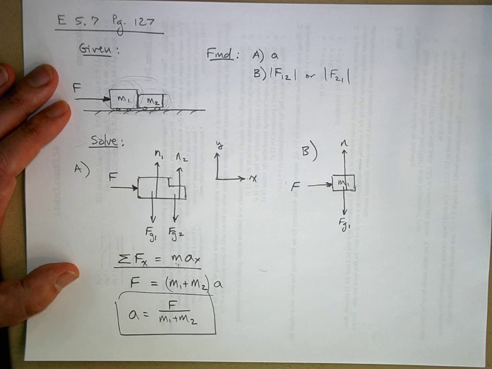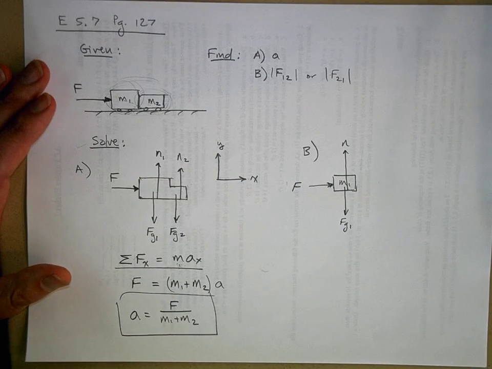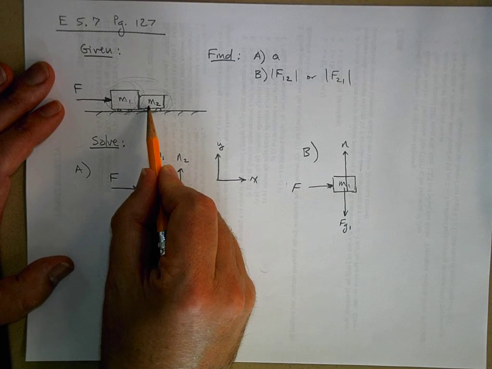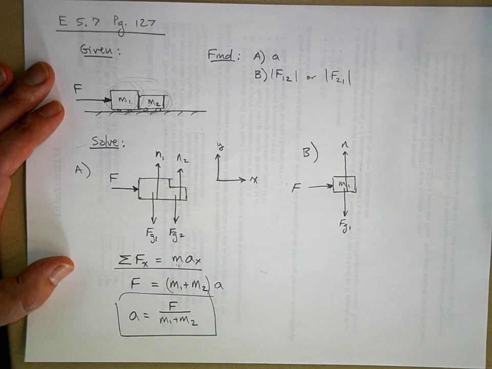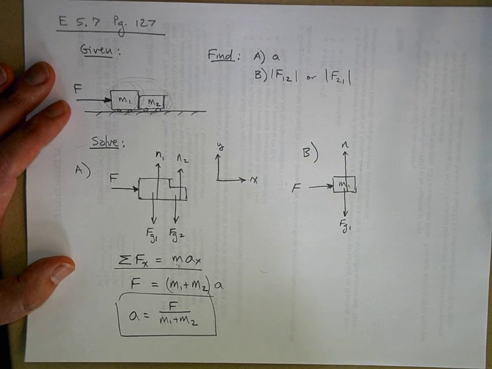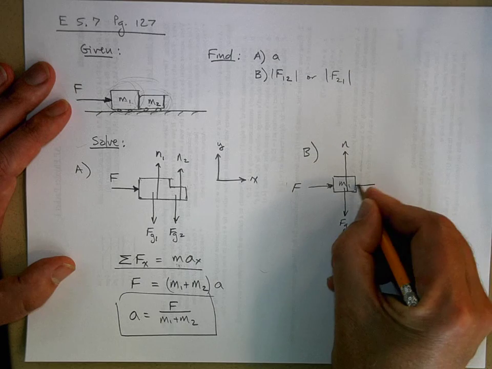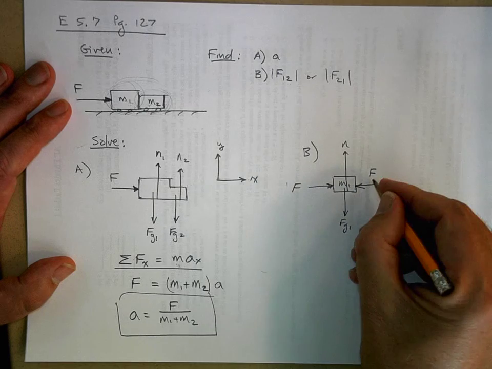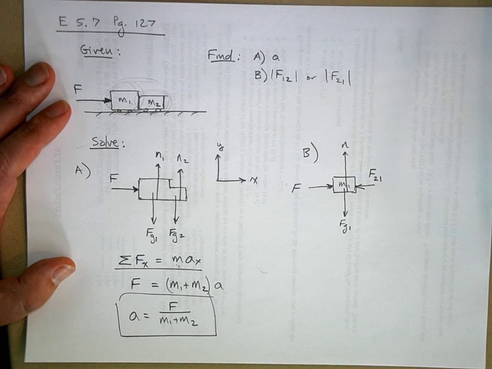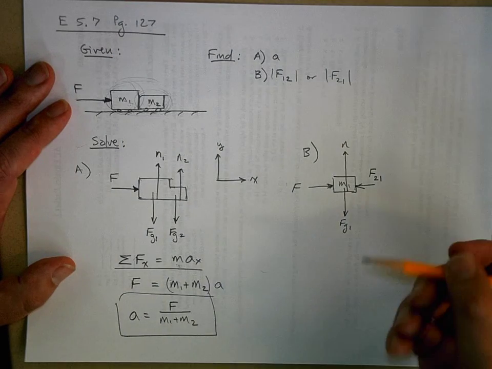But now I've got another force, right? M1 is pushing on M2, therefore M2 pushes back with an equal and opposite force. So this is the force of object 2 acting on object 1. And it's going to be in the opposite direction.